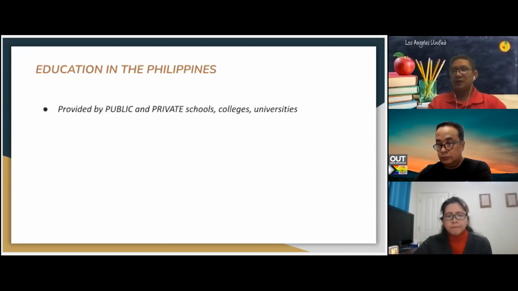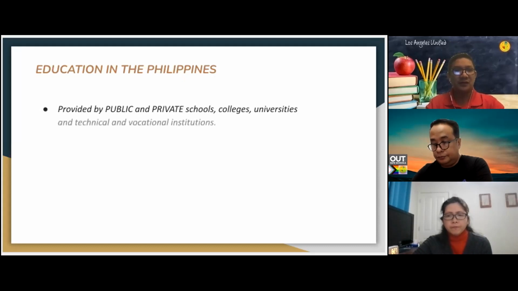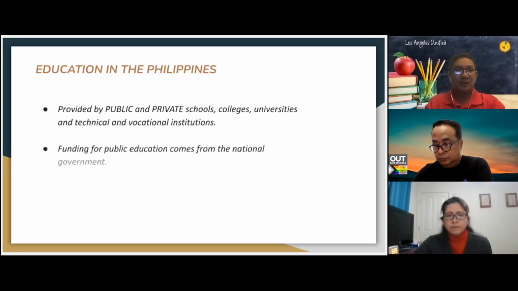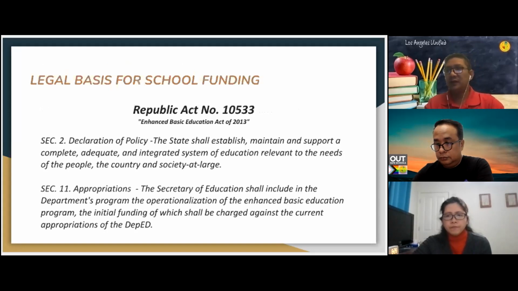So the education in the Philippines is provided by public and private schools, colleges, universities, and technical and vocational institutions. So funding for public education comes from the national government. So I would like also to add the different legal basis for school funding.